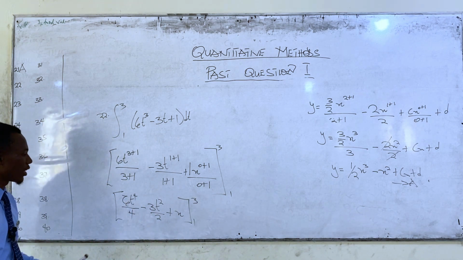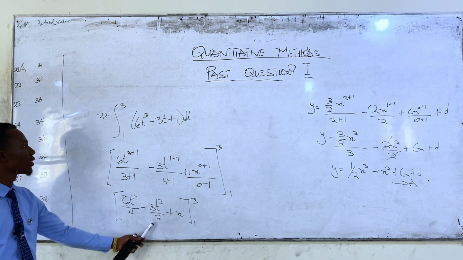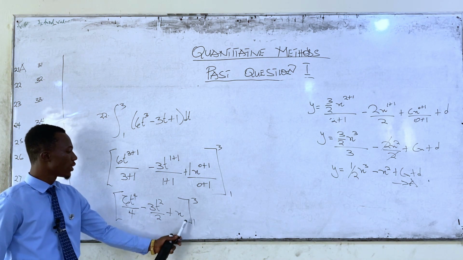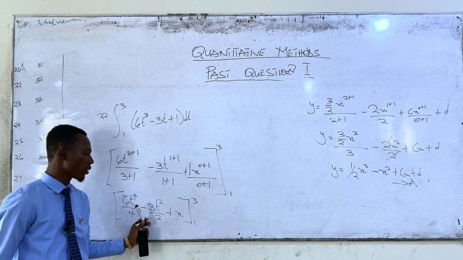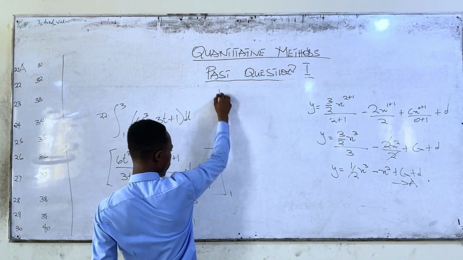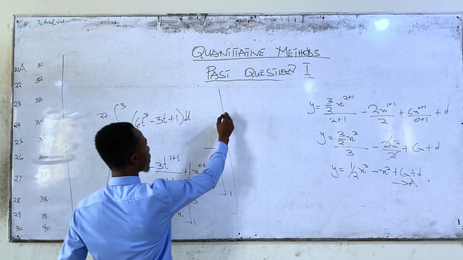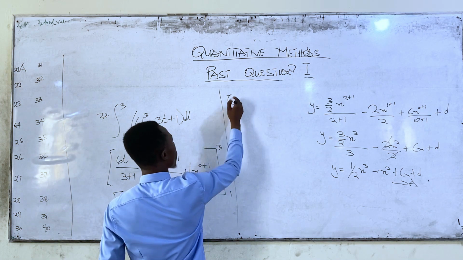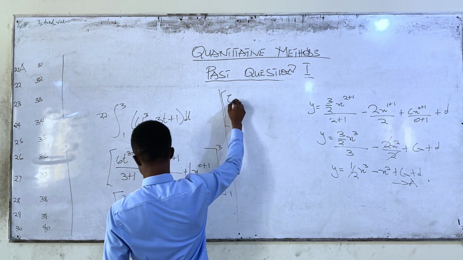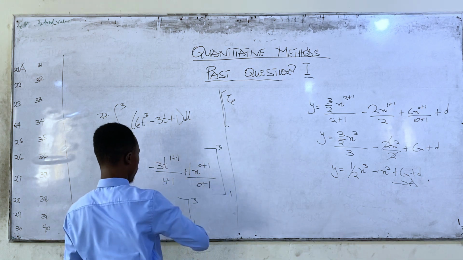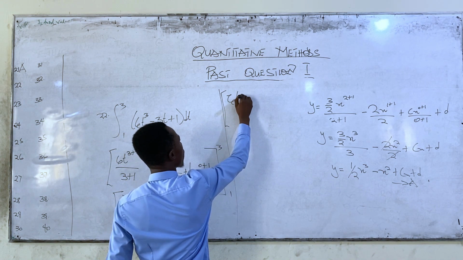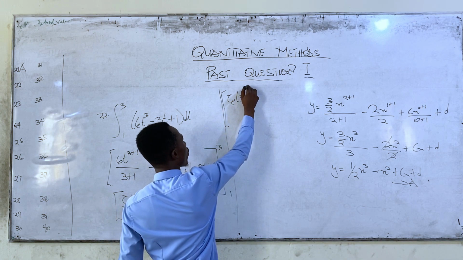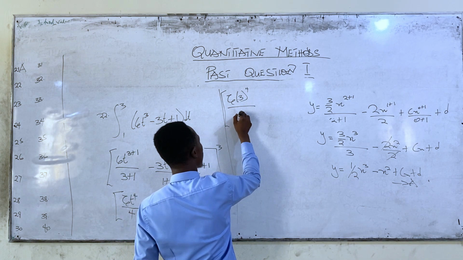Now that you have been able to integrate this, it means you just substitute what? 3 here, minus you substitute 1, the same. So we say 6t, so t will be 3 exponent 4 over 4.